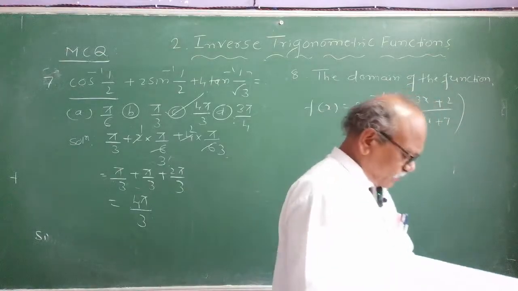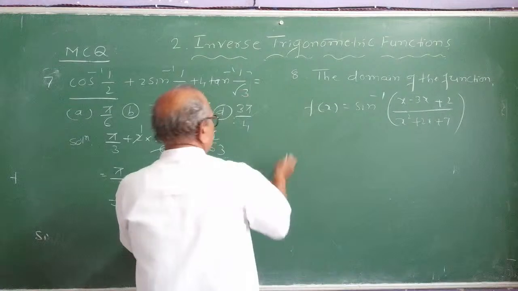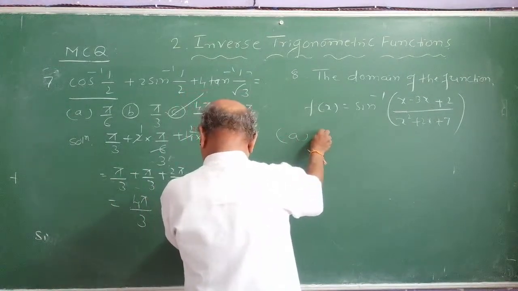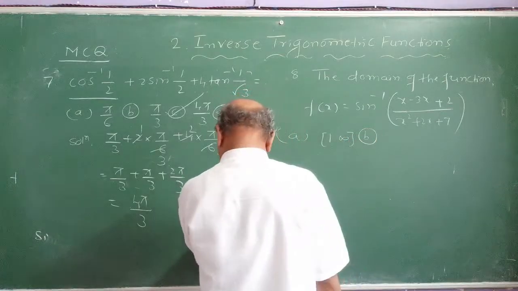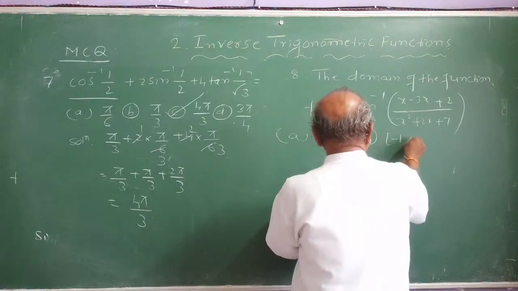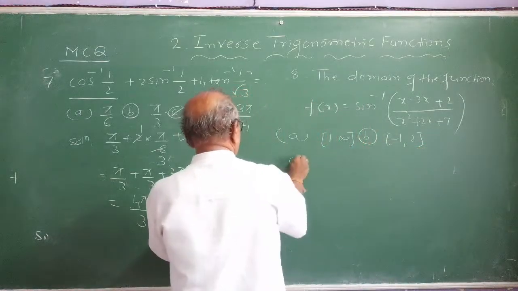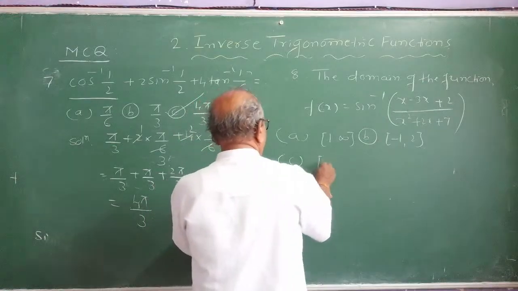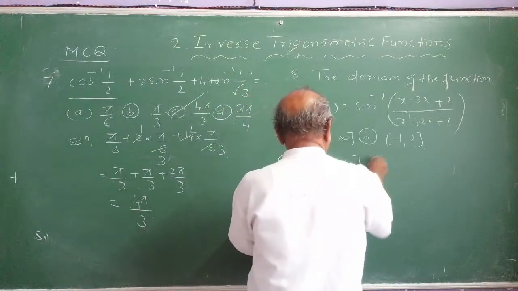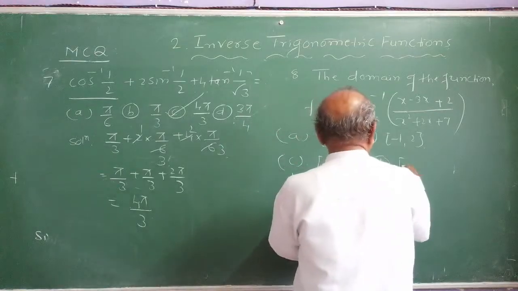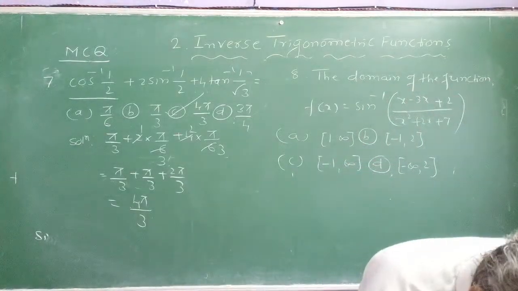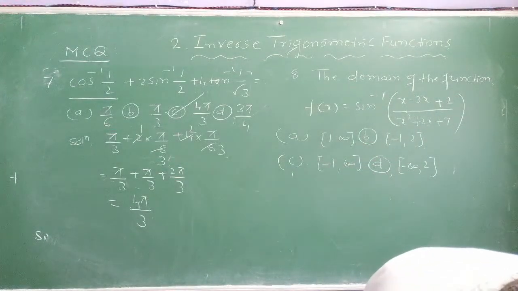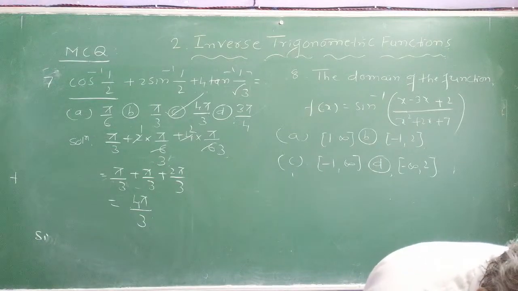Option A is closed interval 1 to infinity. B is closed interval minus 1 to 2. C is closed interval minus 1 to infinity. D is minus infinity to 2. They are quadratic. Try to get the factors of it.